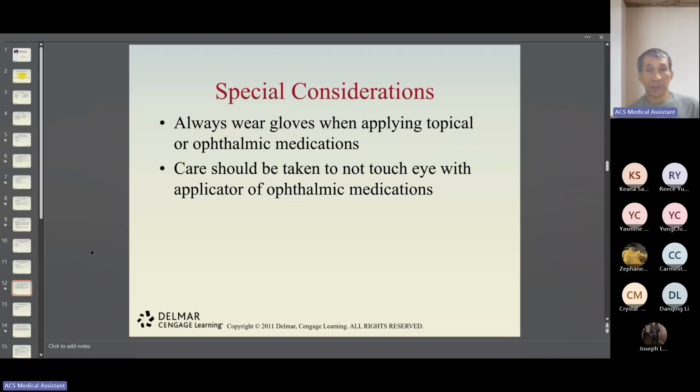Once again, every single time you're handling medications, you always wear your personal protective equipment. I got in the habit, because remember, your hands are going to be exposed to these medications. Sometimes, unconsciously, you just place your fingers, you scratch, you touch, you rub.